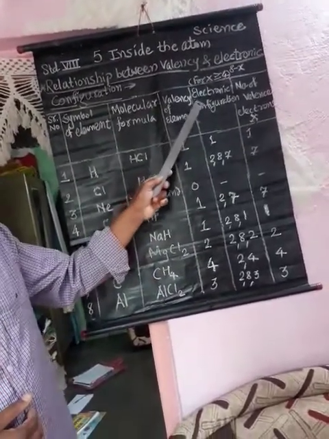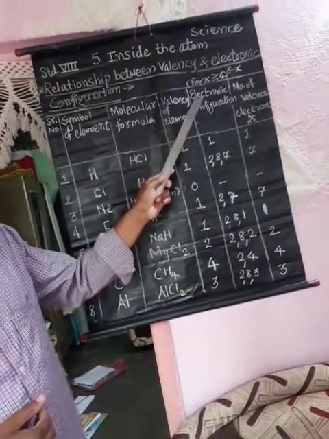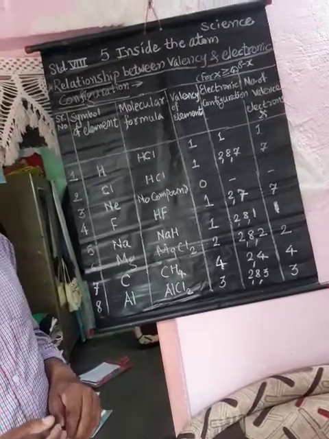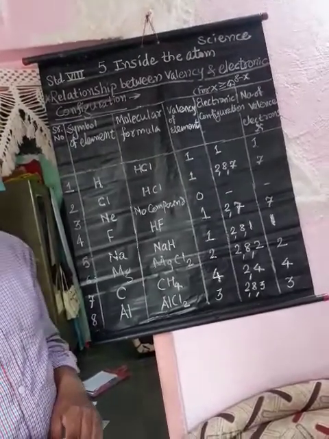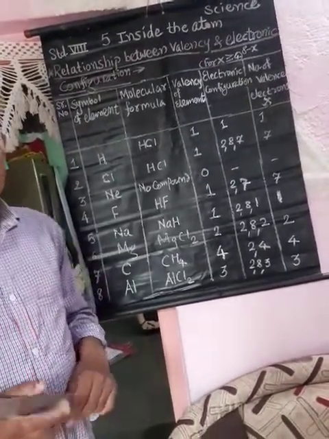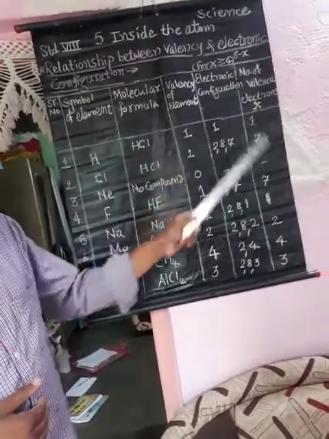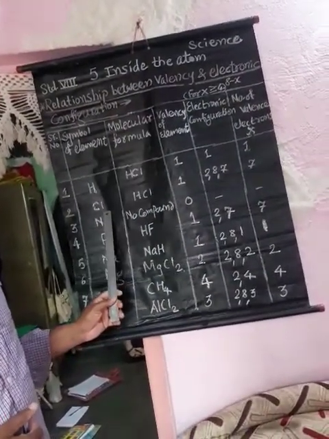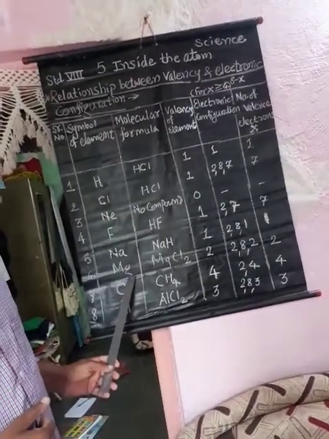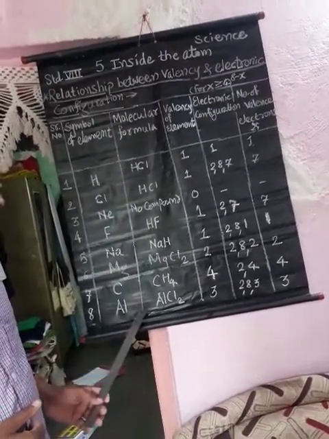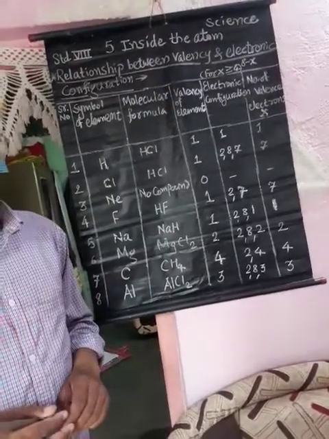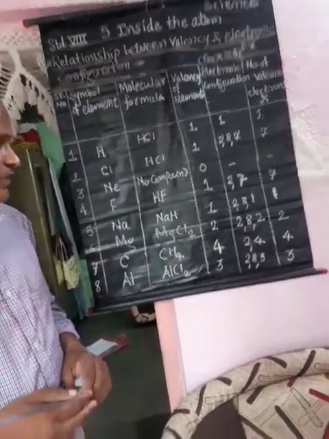Write the definition of electronic configuration. Then draw a diagrammatic representation of the electronic configuration of elements like chlorine, magnesium, sodium and aluminium. With the help of diagrams, you have to draw the electronic configuration of these elements.